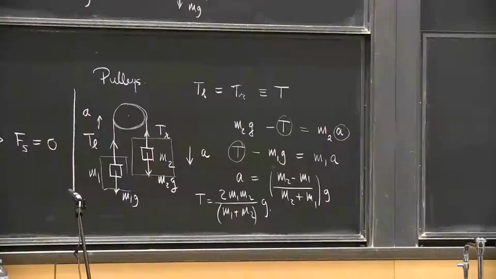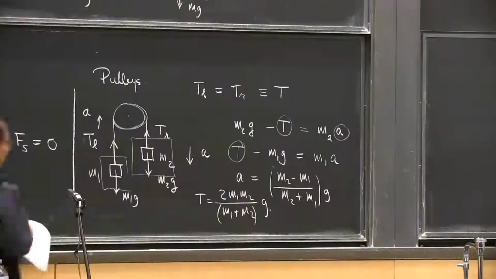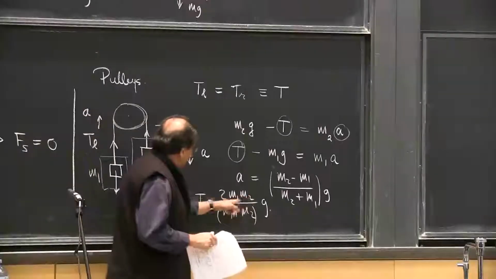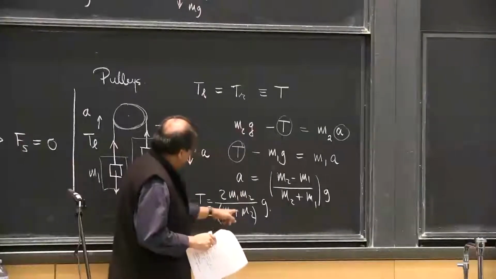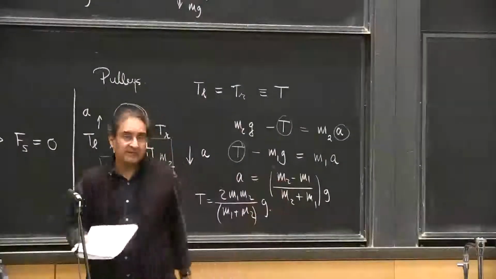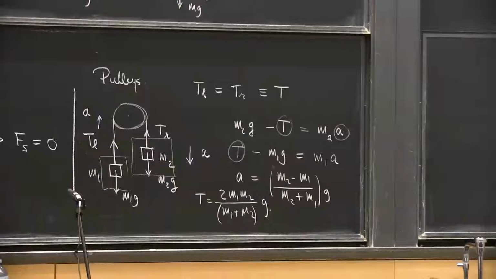So it involves both masses. What happens if m1 and m2 are the same? The numerator becomes m squared, let's say, and the denominator becomes 2m. So 2m squared over 2m is going to be m. So you'll get T equal to mg. If the two masses are the same, just as I told you, your tension will simply be T equal to mg.